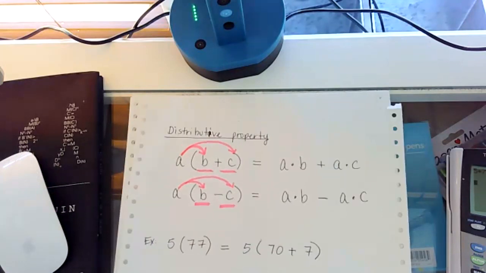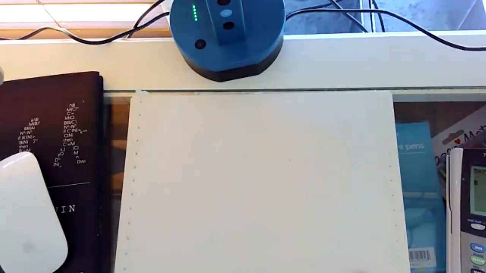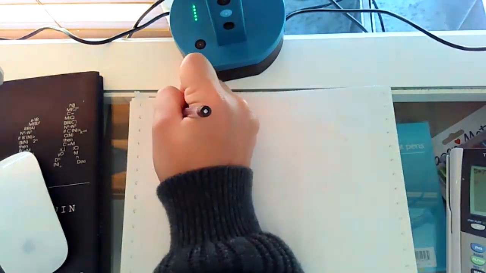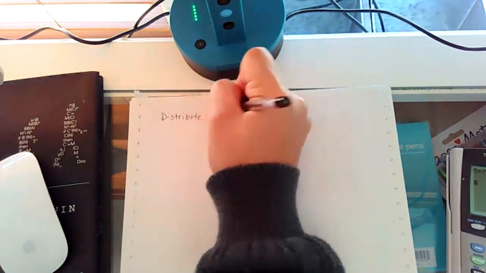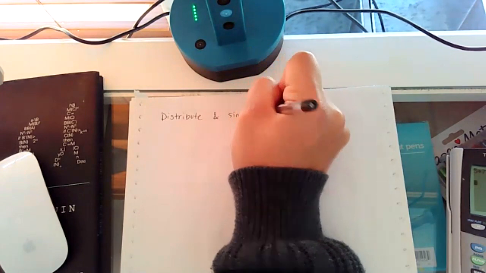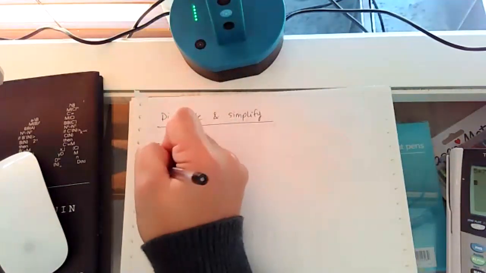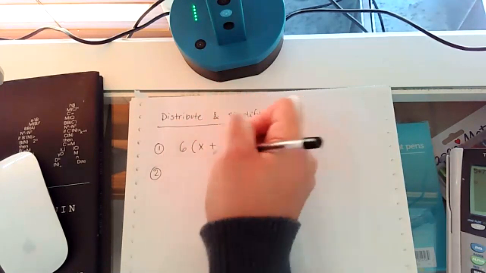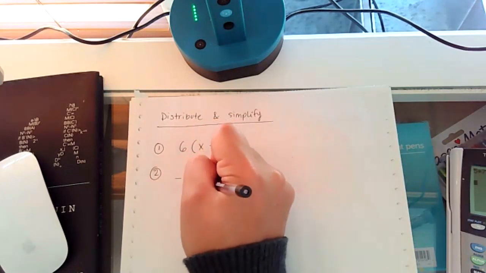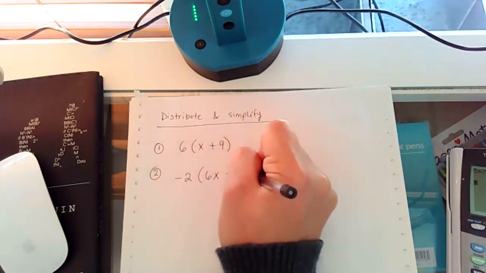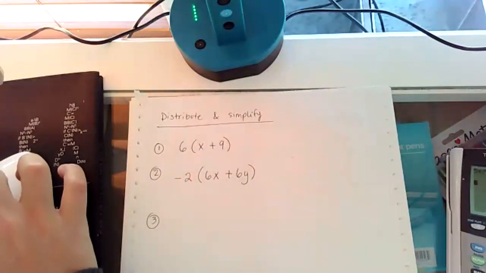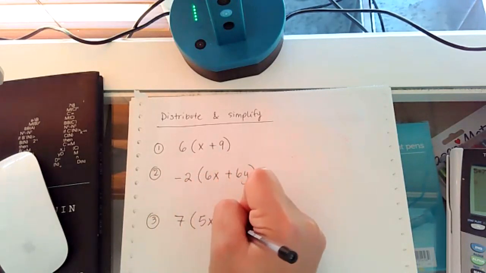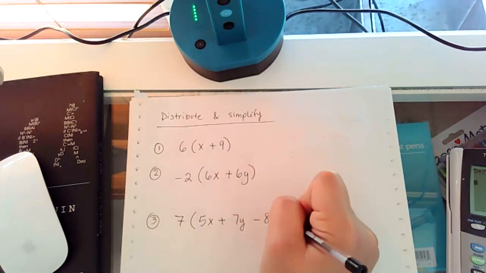Okay, so let me give you guys some examples. Distribute and simplify. 6 times x plus 9, negative 2 times 6x plus 6y, 7 times 5x plus 7y minus 8.